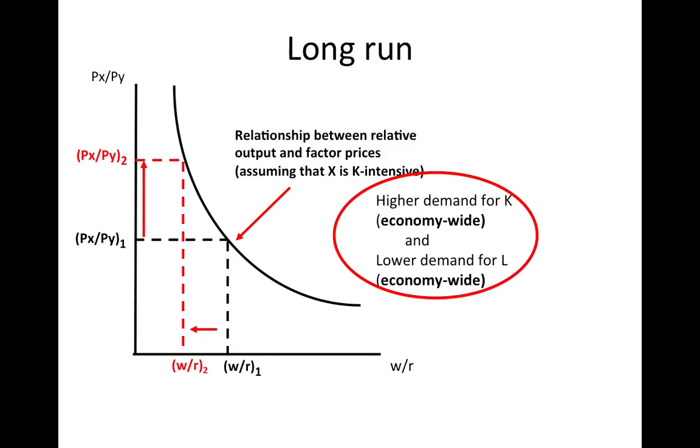The cost of labor compared to the cost of capital goes down if the relative price of the capital-intensive good has gone up. And this is a reaction to, a reflection of the underlying demand for these two factors. And I want to really have you focus on that. The ultimate thing that's going on here is that there's been a change in the demand for these two things.